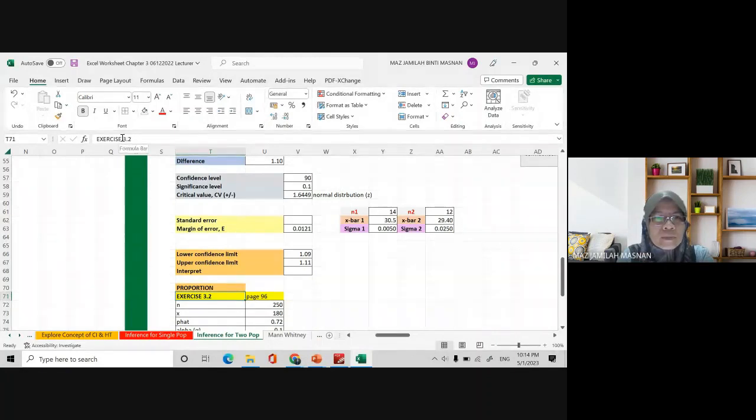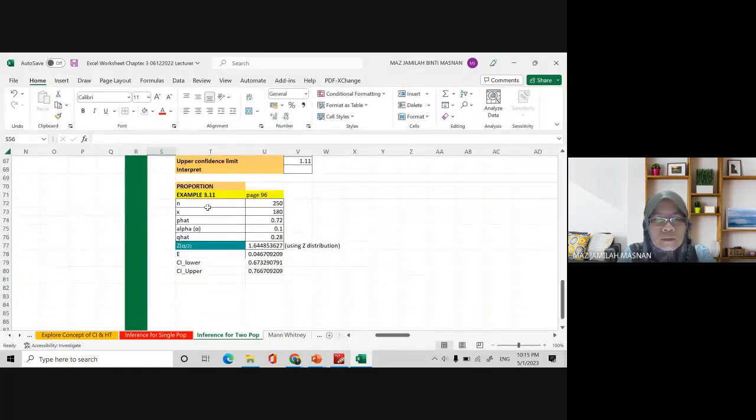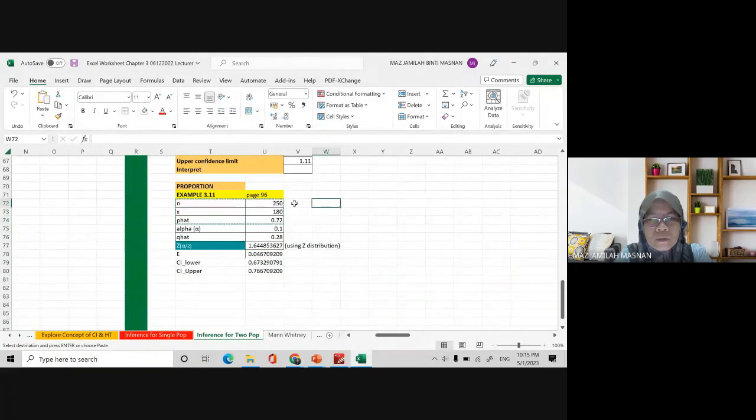So the last example before we dismiss example 3.11. Okay. Let's say we put it this way.